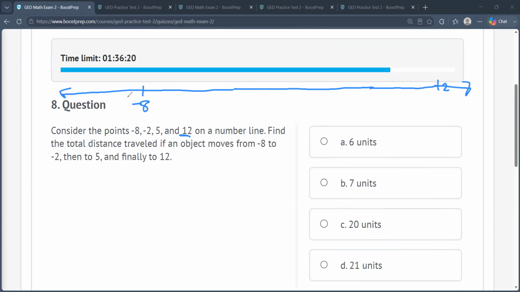That's it. So this would be -7, -6, -5, -4, -3, -2, -1, 0, 1, 2, 3, 4, 5, 6.